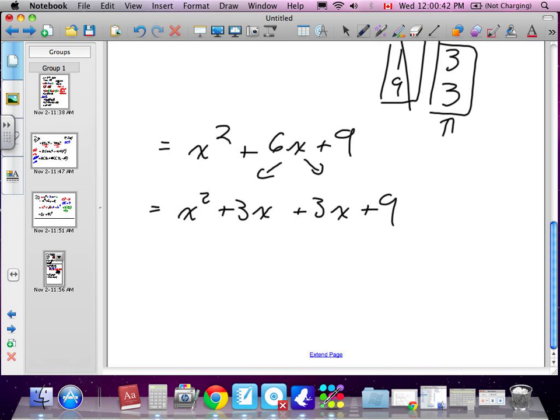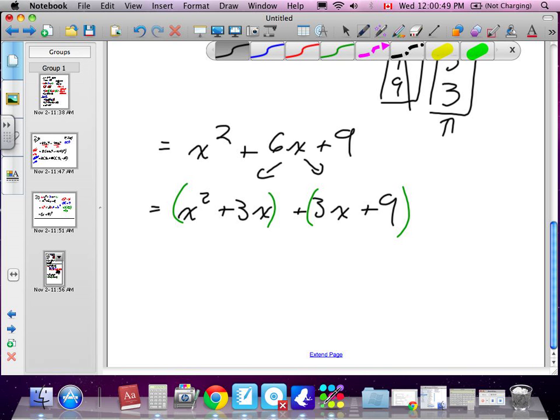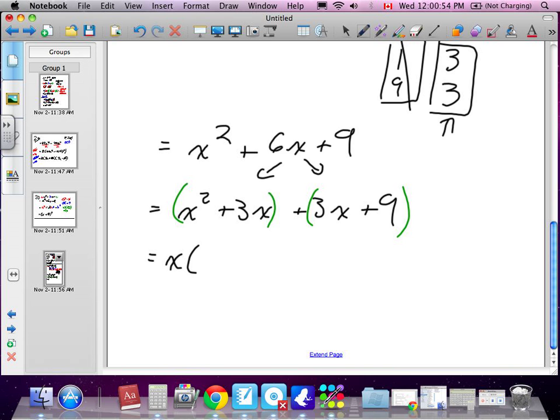Now I group them. I'm going to factor by grouping, find the common factor of each bracket. Common factor of the first bracket is x. When I divide both terms by x, I get x plus 3. Common factor of the second bracket is 3. When I divide each term by 3, I get x plus 3.